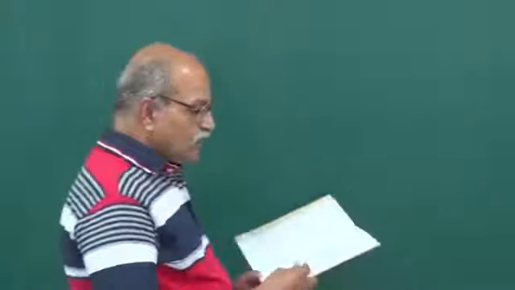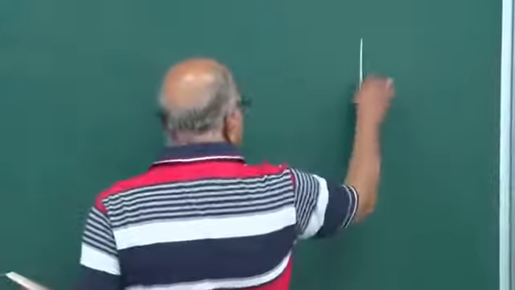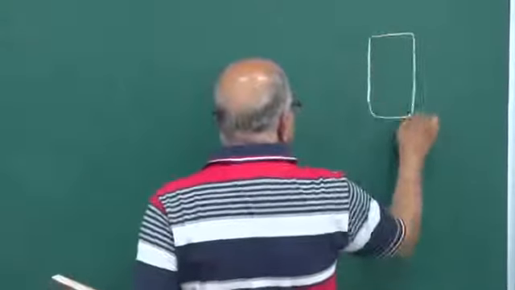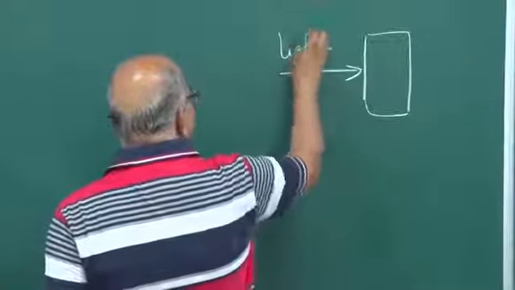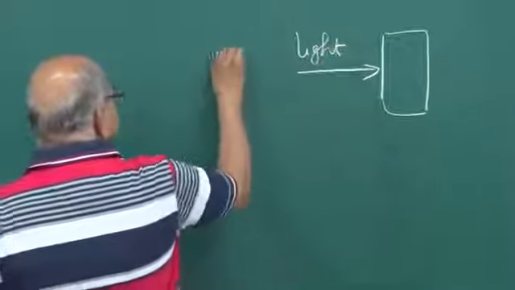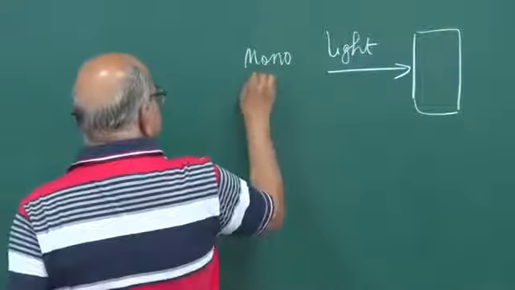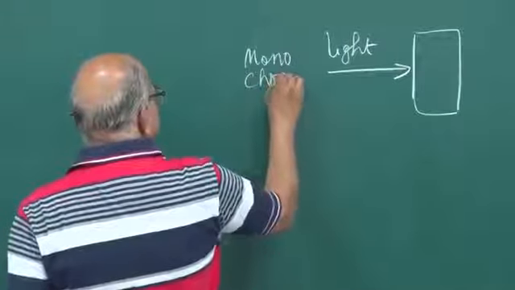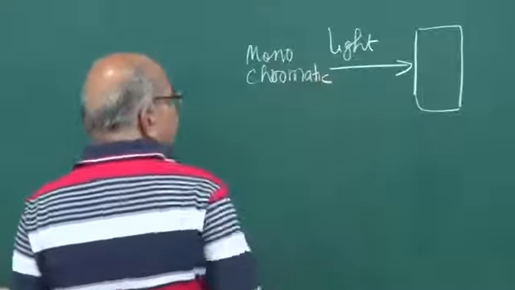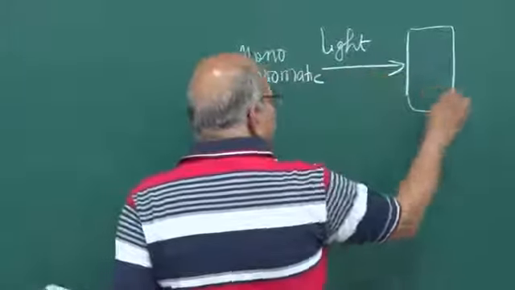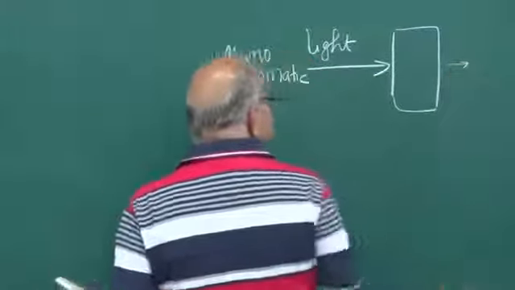The first one is that if you have a semiconductor and allow monochromatic light to fall, then how much of it is absorbed and how much is transmitted.